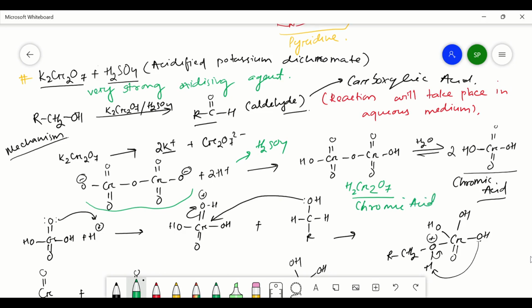This forms chromic acid. Now this acid, upon treating with water, forms H2CrO4.